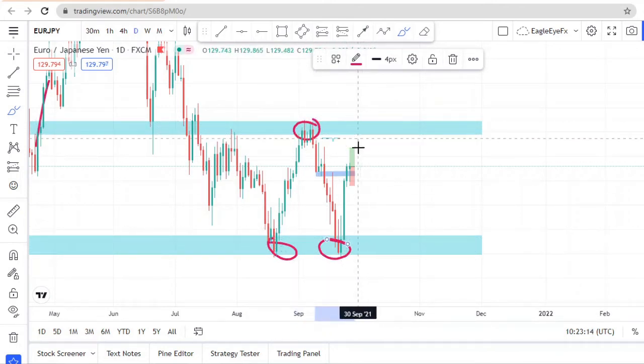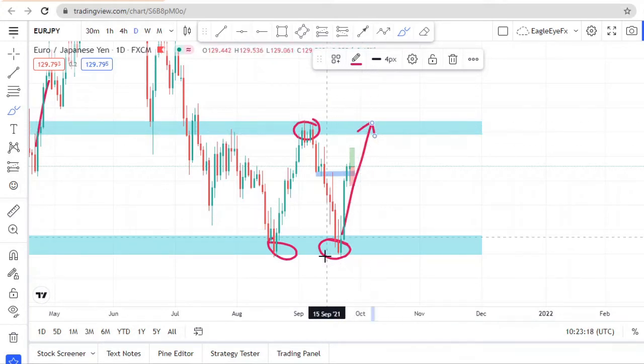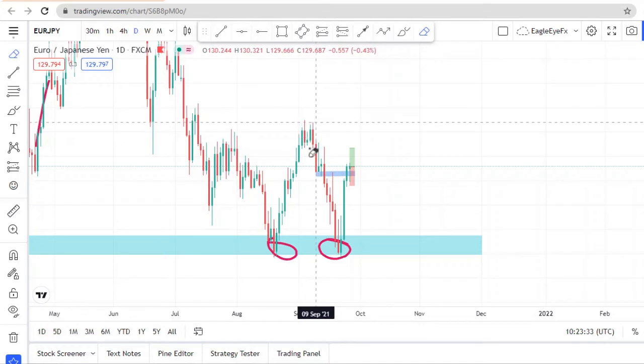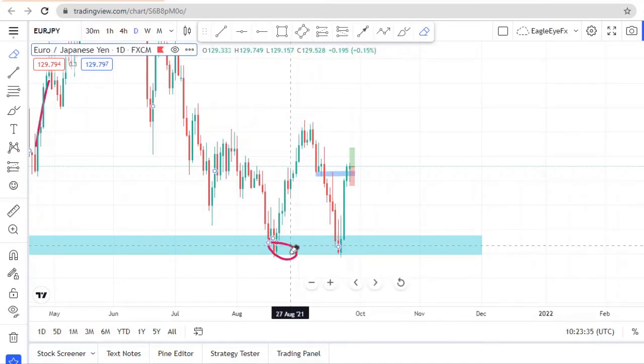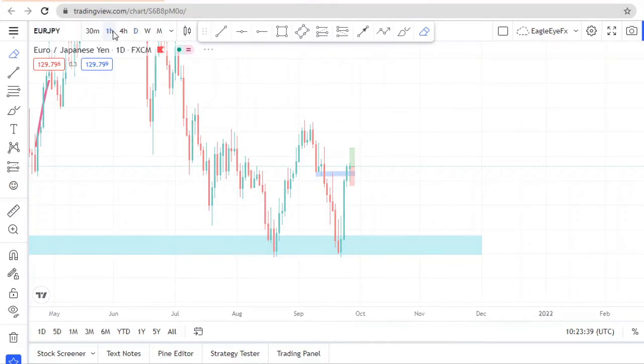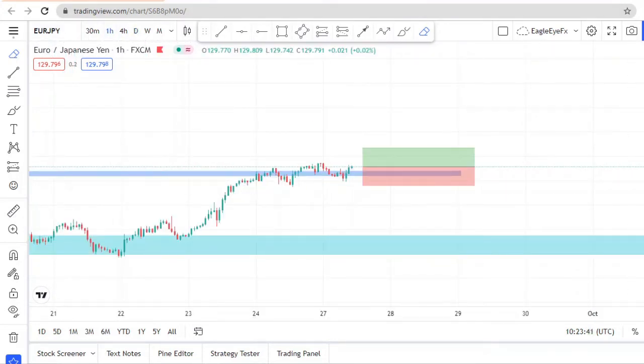So I'm expecting this market to do what? To complete that, to the upside. That's why I said that I'll be more interested in buys more than in sells.